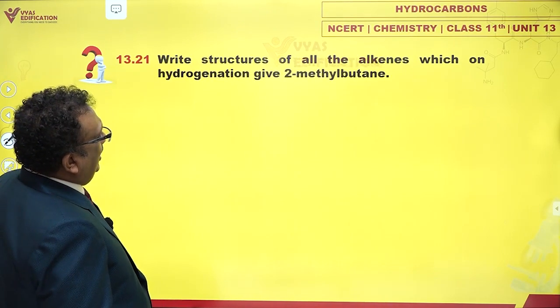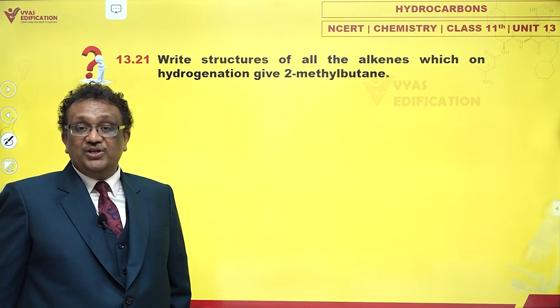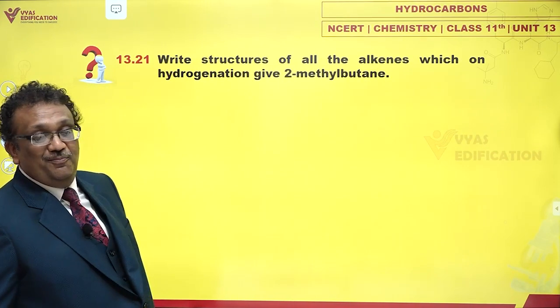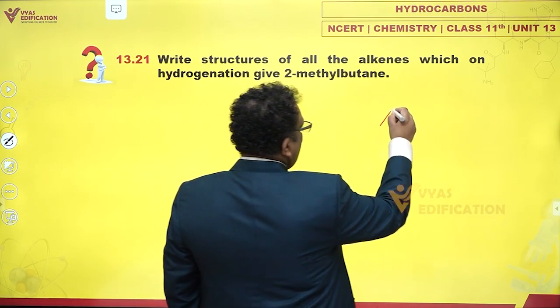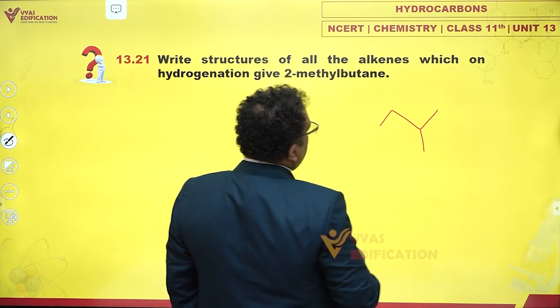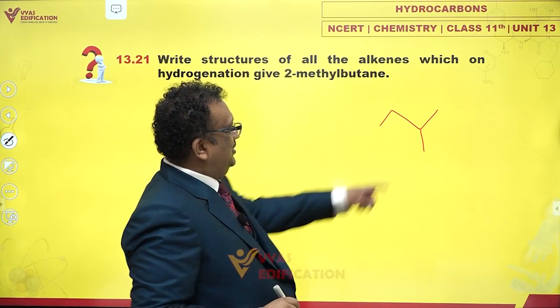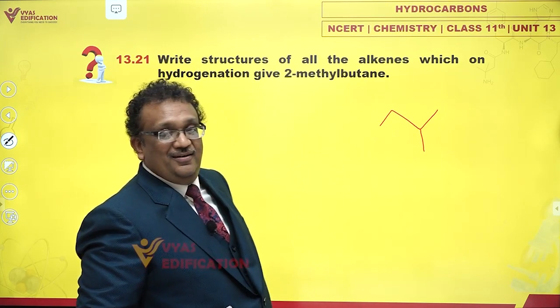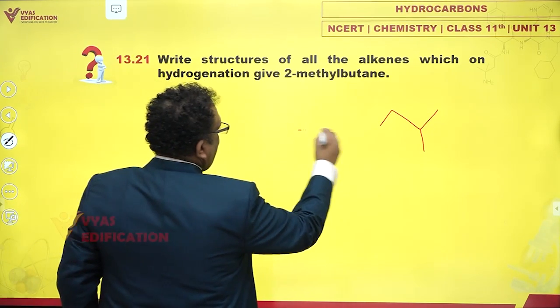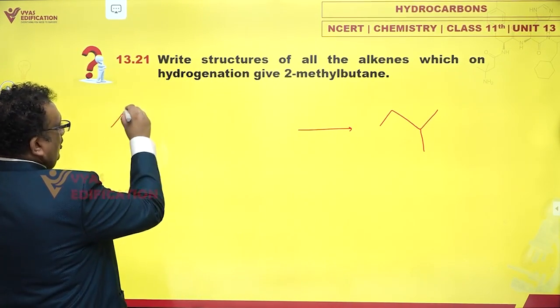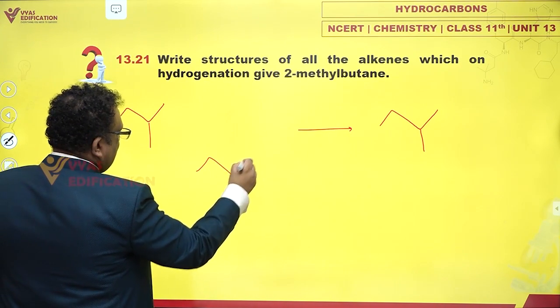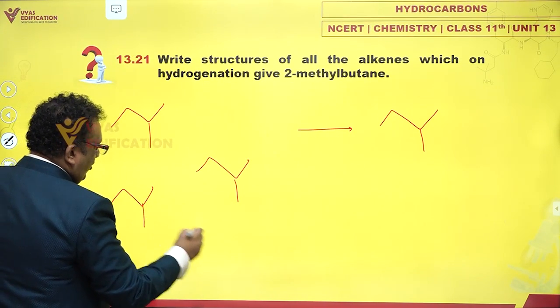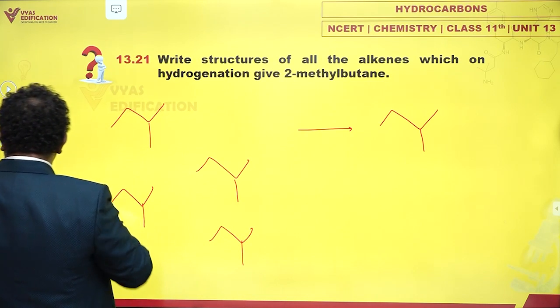Write the structure of all the alkenes which on hydrogenation give 2-methyl butane. That's lovely. 2-methyl butane is this. How many alkenes can actually offer us this luxury? Well, let me just draw different possible alkenes and check.